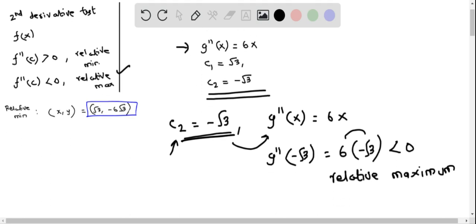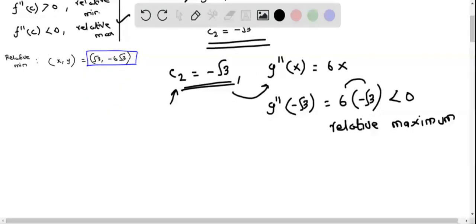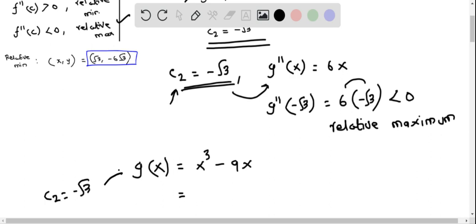To find the y coordinate, we plug c2 equals negative root 3 into the original function g of x equals x cubed minus 9 times x. So g of negative root 3 equals negative root 3 quantity cubed minus 9 times negative root 3.